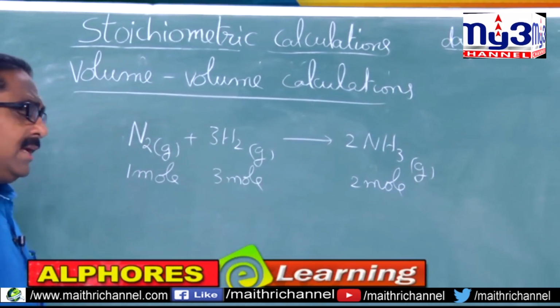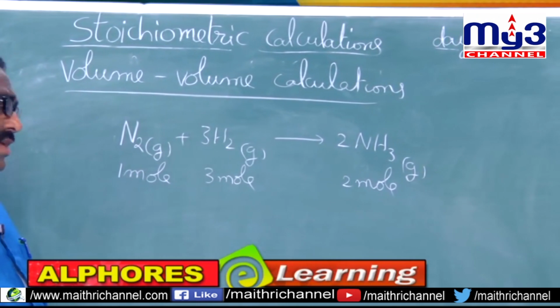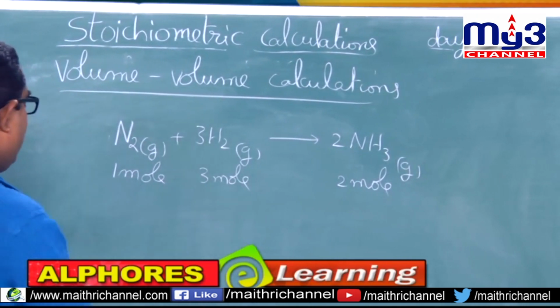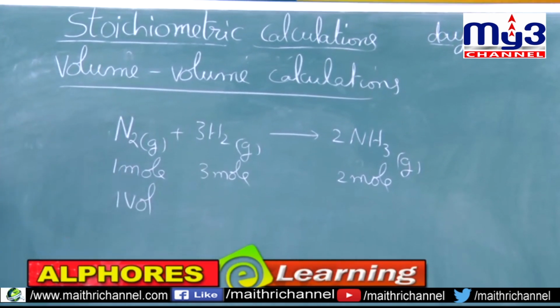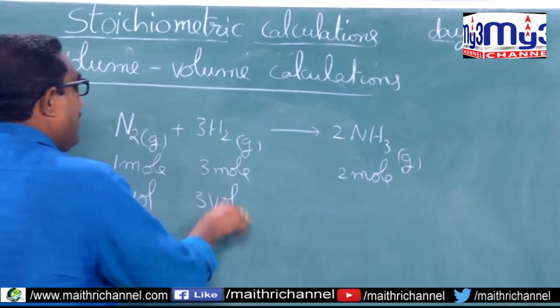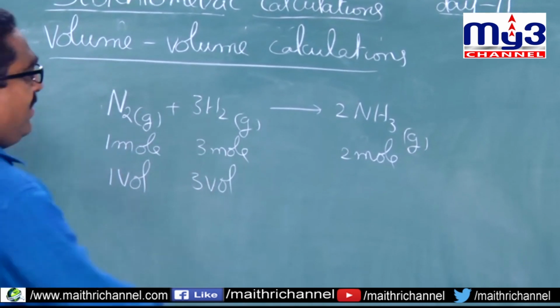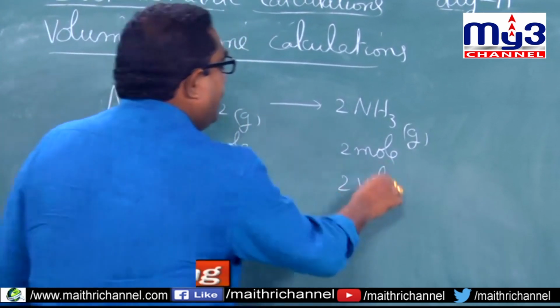Because all three are gases, according to Gay-Lussac's law of combining volumes, one volume of nitrogen always combines with 3 volumes of hydrogen and always forms only 2 volumes of ammonia.